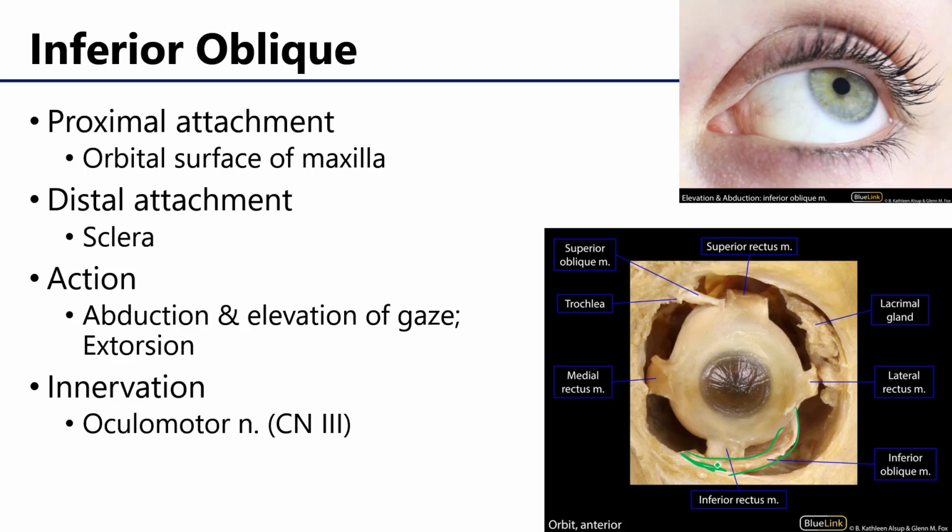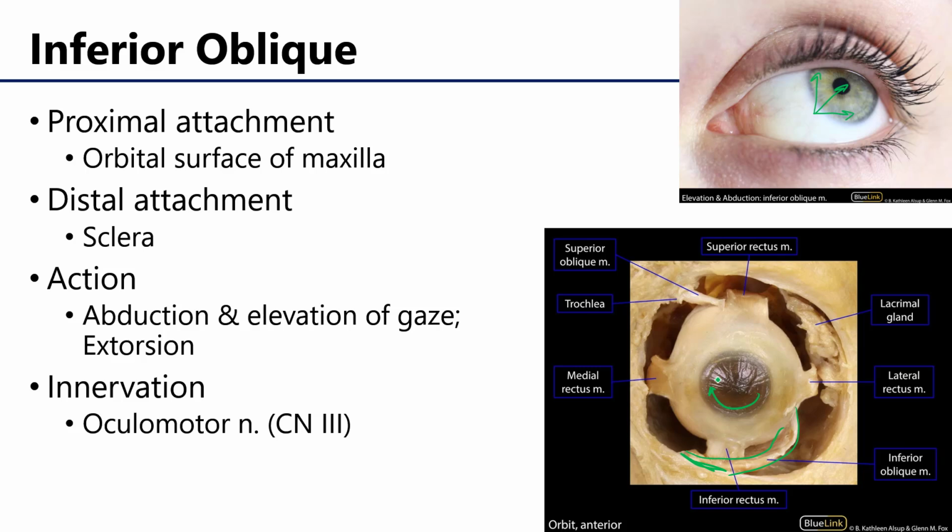And when the inferior oblique muscle fires, it is going to elevate and abduct gaze. So it's going to move gaze upwards and outwards. And it is also responsible for extorsion, so that sort of lateral rotation of the eye on its axis.